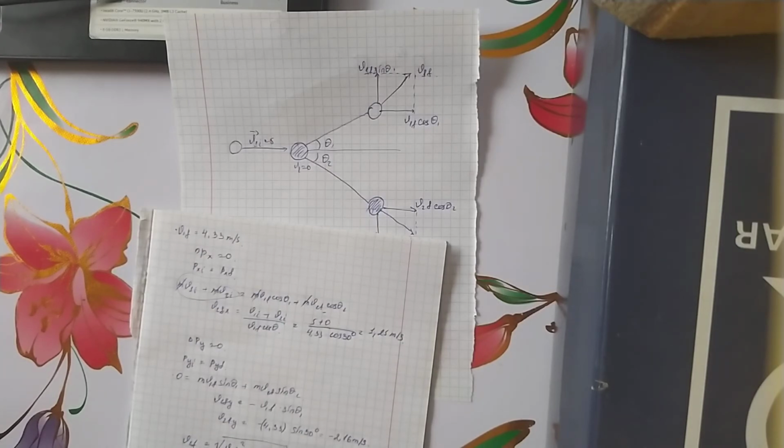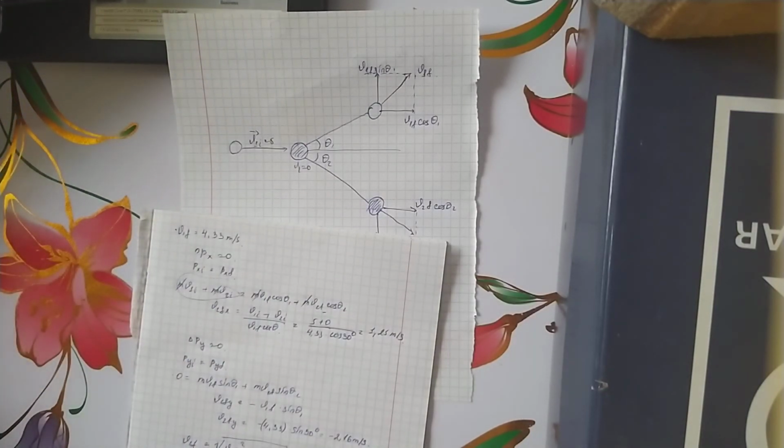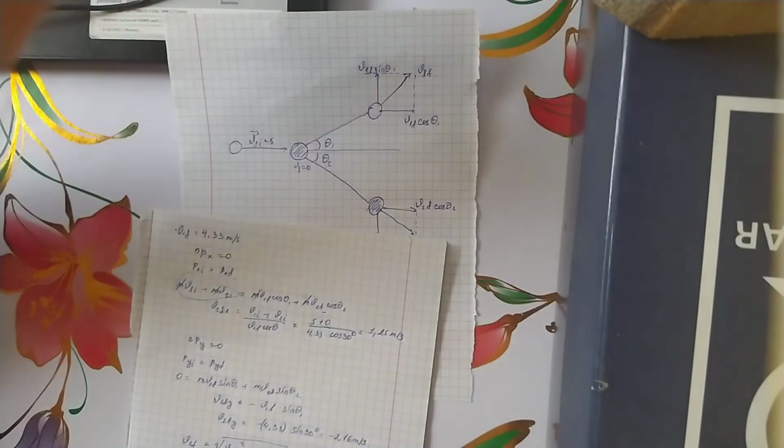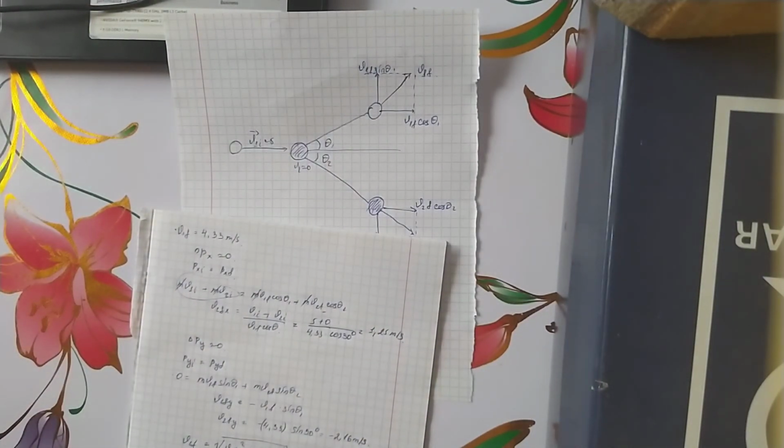So calculate this: 360 degrees plus tangent inverse of minus 1.60 divided by 1.25. Approximately 300 degrees.